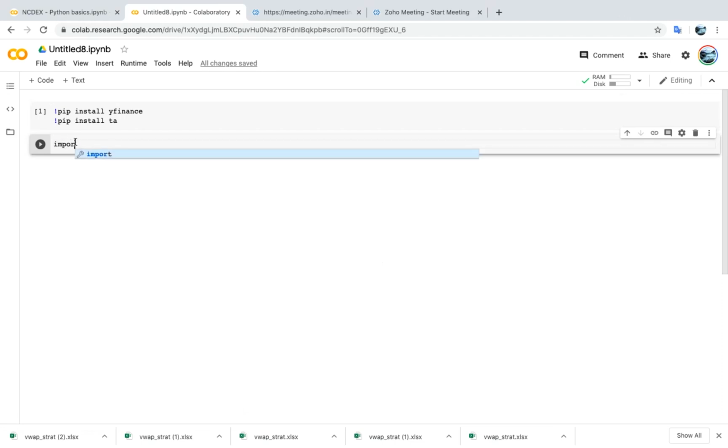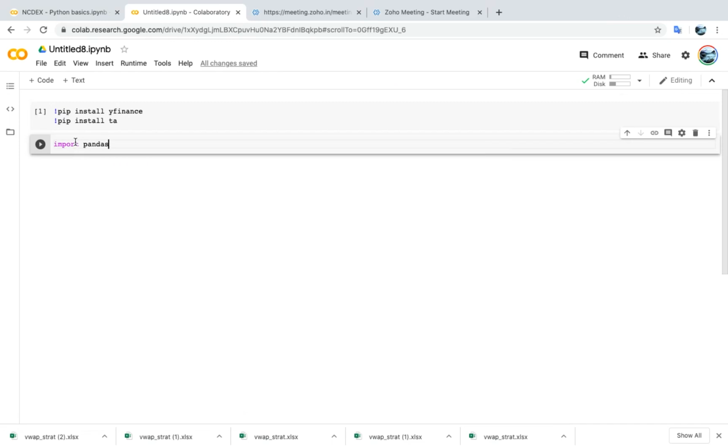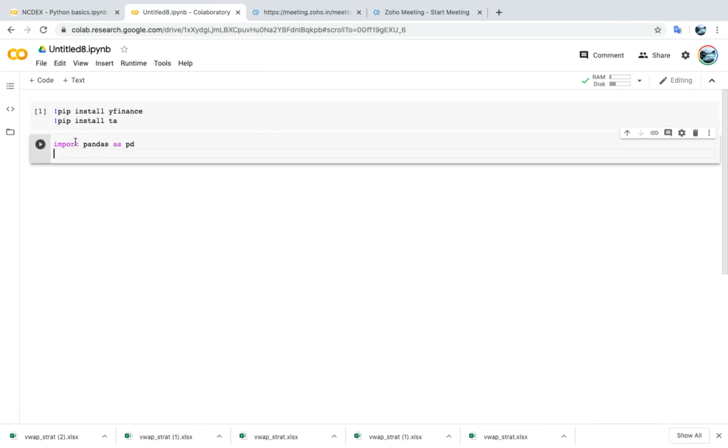Let's open another code cell. I will be importing pandas. I hope everybody remembers pandas, and it would be good if you have practiced that at home. I will be importing Yahoo Finance. In the previous cell, I installed that, and now I will be importing it.